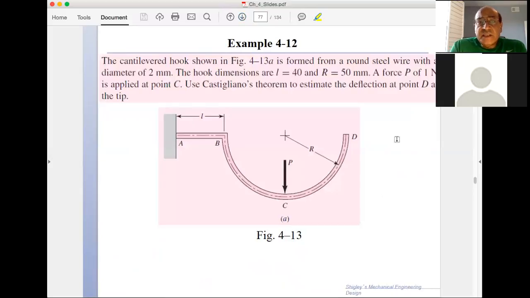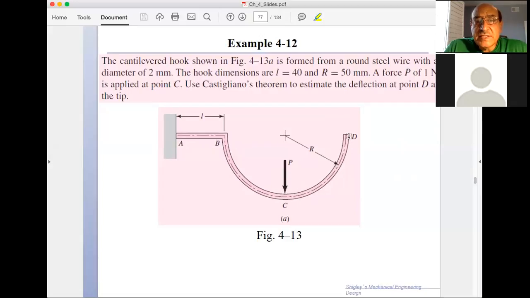So here, in this example, we have basically a wire that is curved like here. It has a straight section AB, and it has a curved section BCD. And then we're applying a force in the center. And the question that we wanted to answer is, what is the deflection of the tip D due to the force applied here at C?